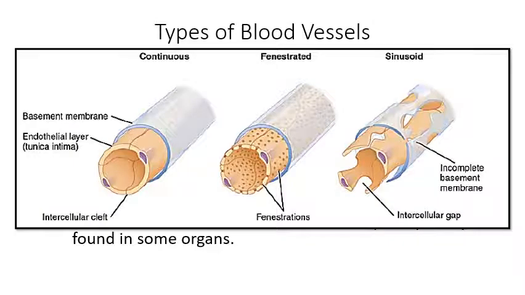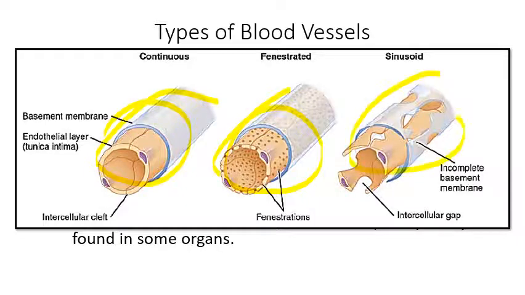Okay, so over here on the left, you can see a continuous capillary, and there are no holes in it, but the cells that make up this capillary will kind of contract and leave gaps in between them if they're stimulated to do so by histamine, for instance. And then over here in the middle, we have a fenestrated capillary with fenestrations, and it's fairly leaky most of the time.